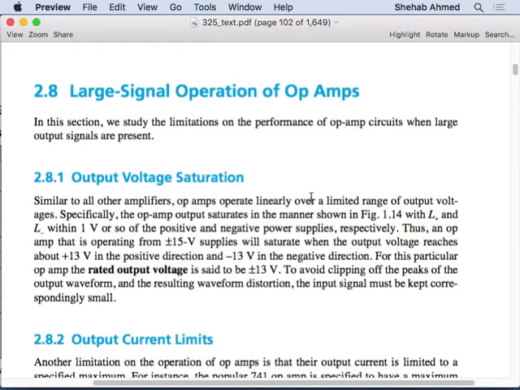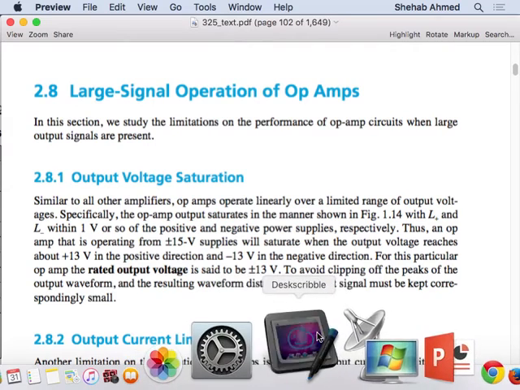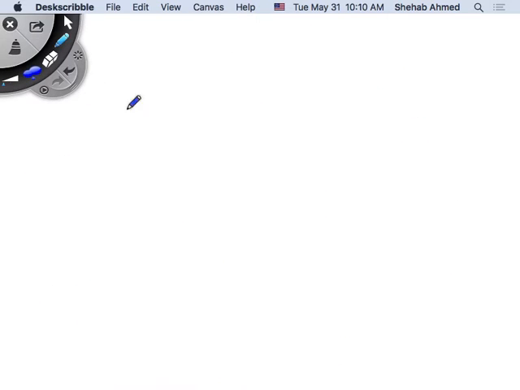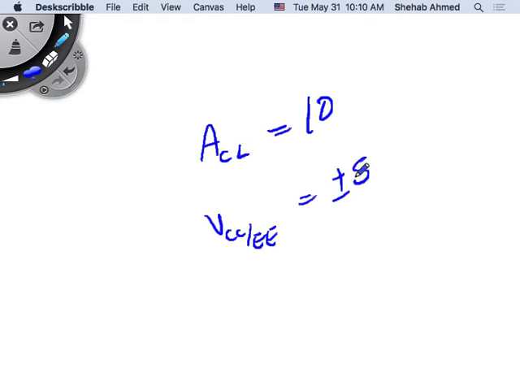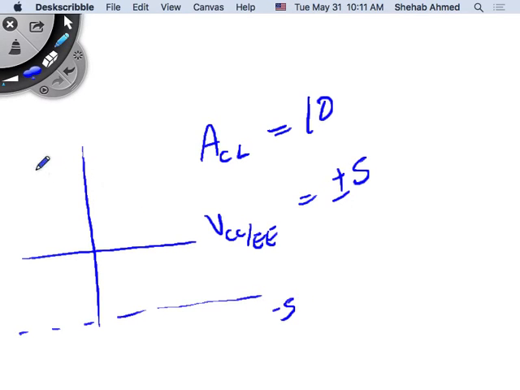Assuming your closed loop gain equals 10, and your supply voltage VCC and VEE are plus minus 5 volts, that means my signal can only swing between minus 5 and 5. If I put a signal of 1 volt, that's my input, a 1 volt sine wave.